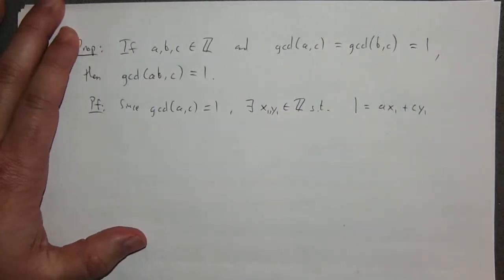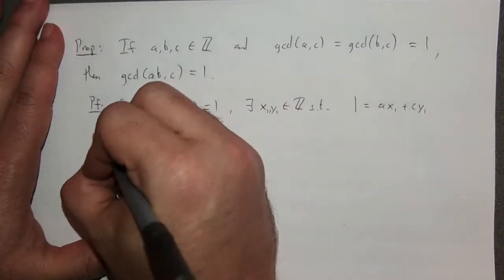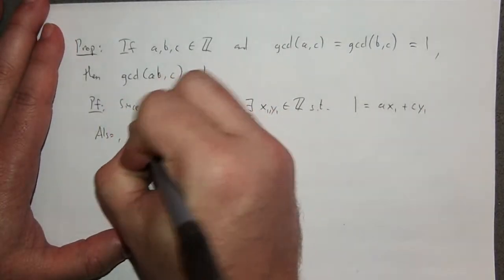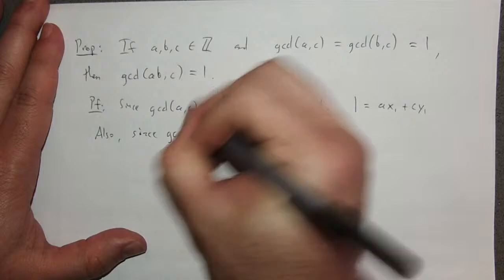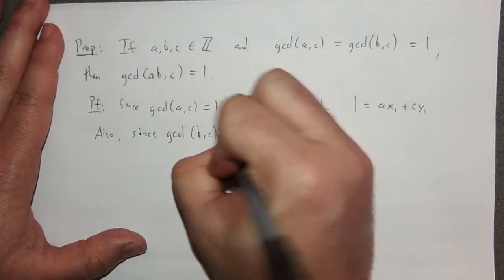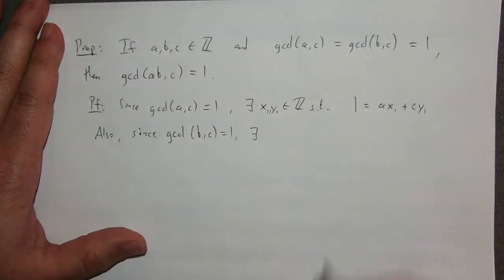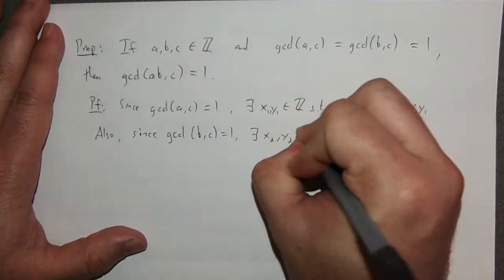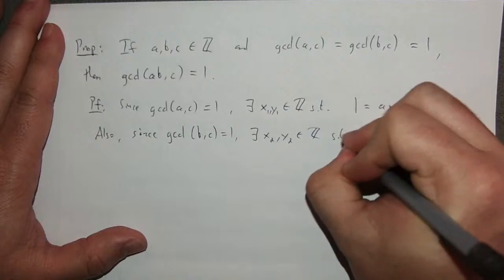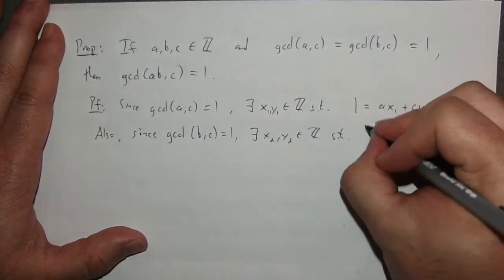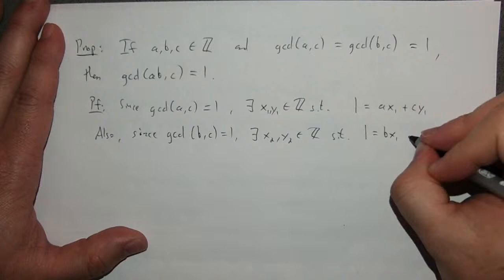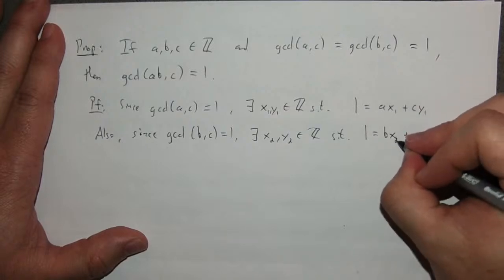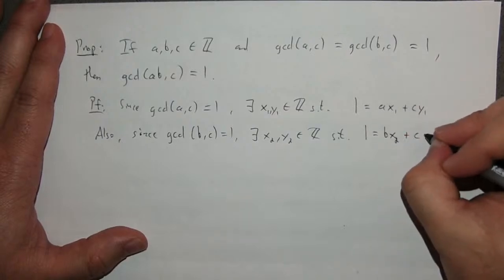Okay. Similarly, also, since the GCD of B and C is 1, there exist integers, say x sub 2, y sub 2, such that 1 is equal to B x sub 2 plus C y sub 2.